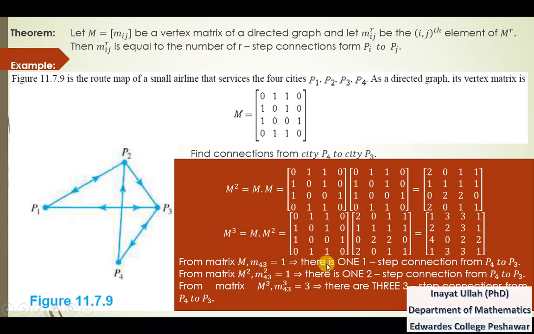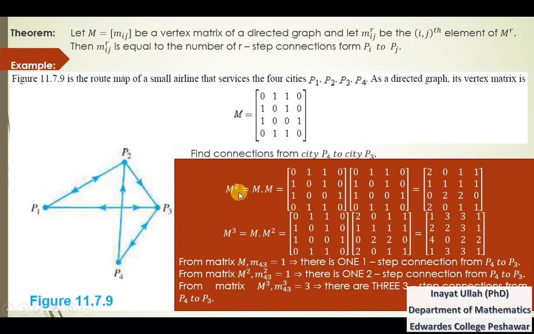So there is a one-step connection from P4 to P3. It means that whenever you go from P4 to P3, you need just one edge, which is observed from here, that this one edge exists.